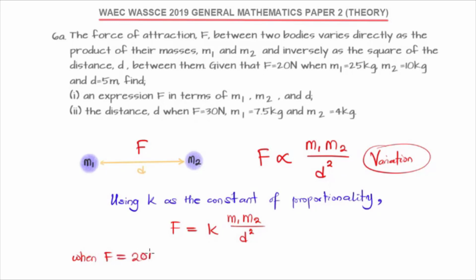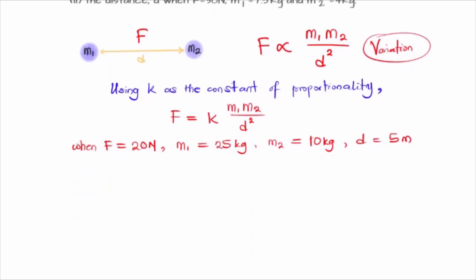But I've been given a case scenario where the force F is 20 newtons, the mass m1 is 25 kilograms, m2 is 10 kilograms, and the distance between the two bodies is 5 meters. We are just going to substitute all of this into the expression for F so that we can find the value of the constant k.